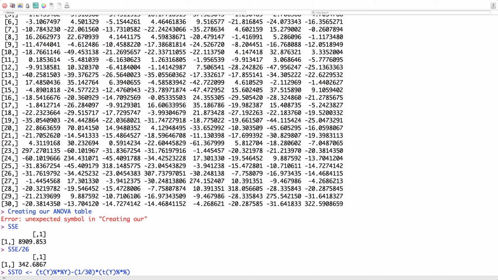All right, forgot all about that. So gang, let's create the J matrix. Just remember the J matrix is a matrix of just all ones. So I would create the J matrix here.